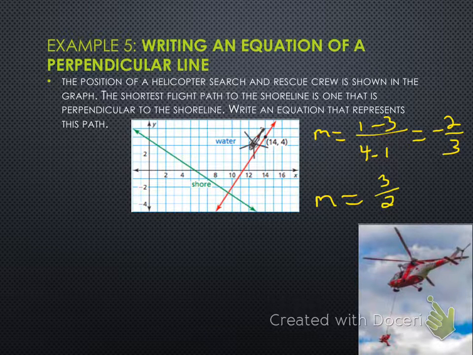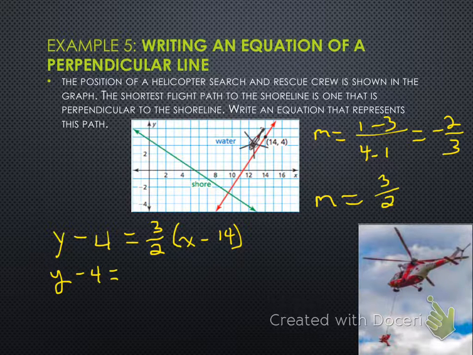So to write that equation, I'm going to have y minus my y1, which is 4, equal to my slope, which is now 3/2 because we did the negative reciprocal since we're looking at a perpendicular line, times x minus 14. If we simplify this, we have y minus 4 is equal to 3/2 x minus 21.